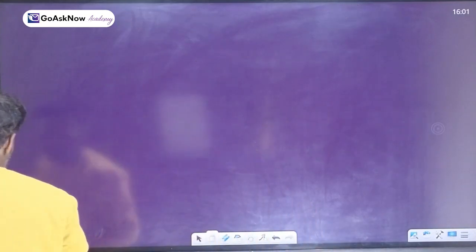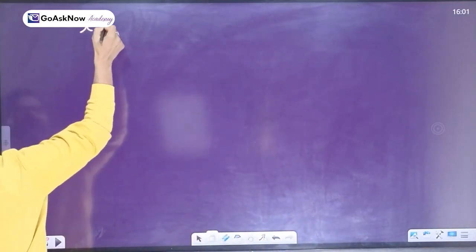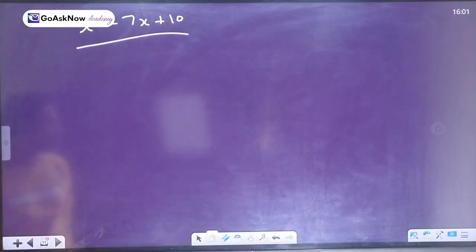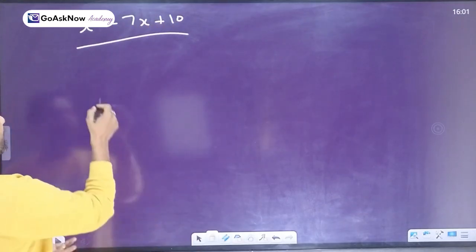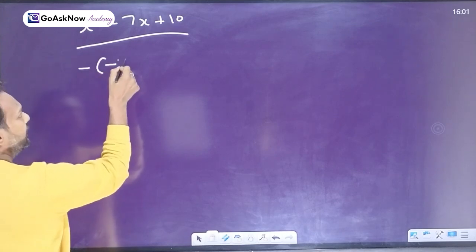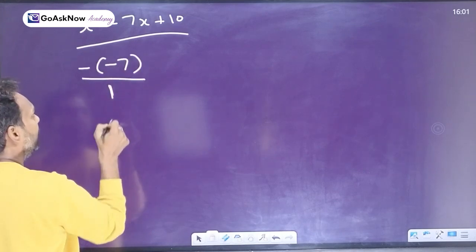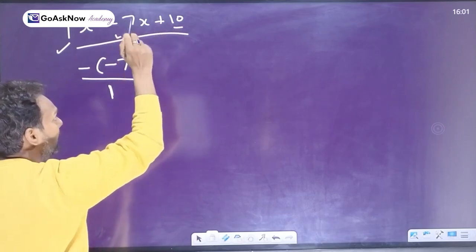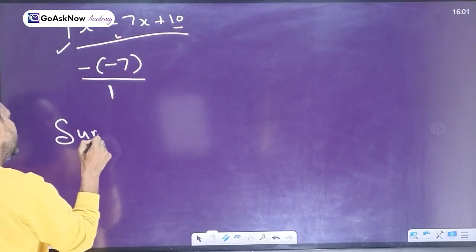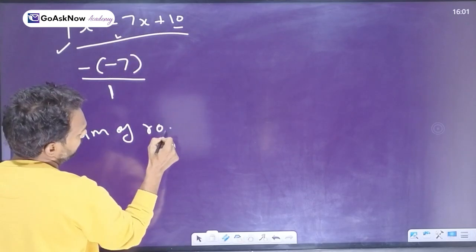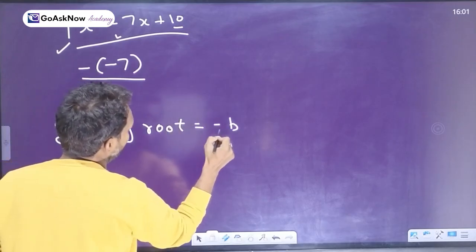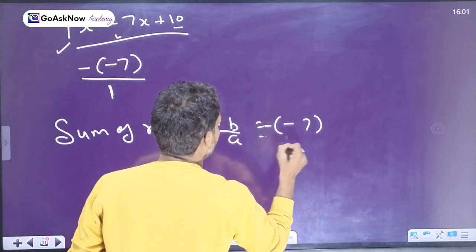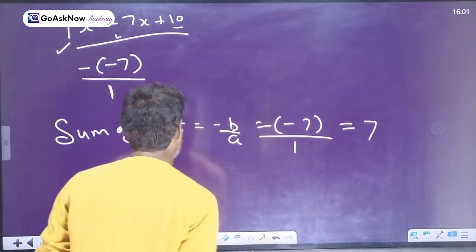So now, for the equation x square minus 7x plus 10, if I am going to ask you what is sum of roots, then it's very easy. Minus 7 upon 1, where 1 is a, minus 7 is b, and this is c. So sum of roots is minus b upon a, which is minus of minus 7 upon 1, and that's 7.